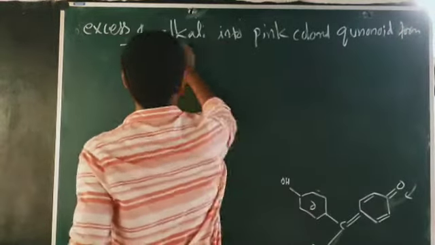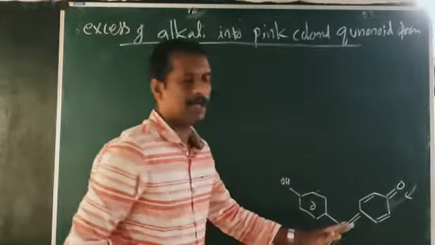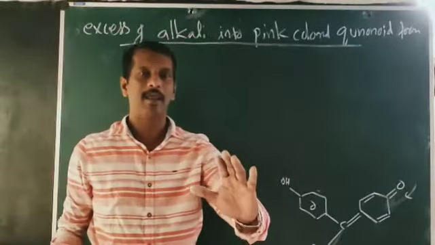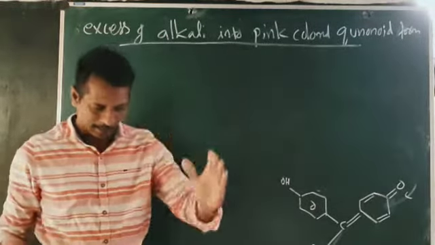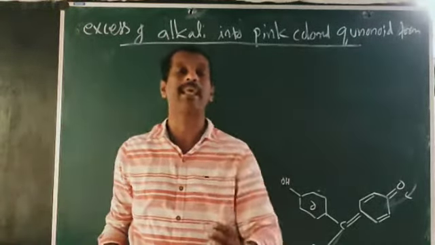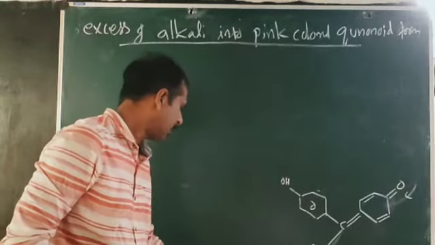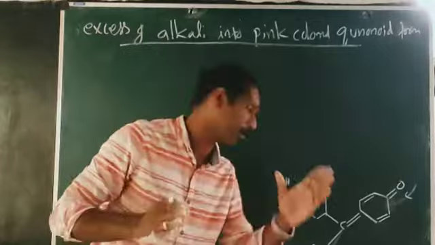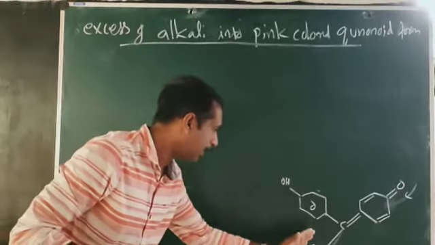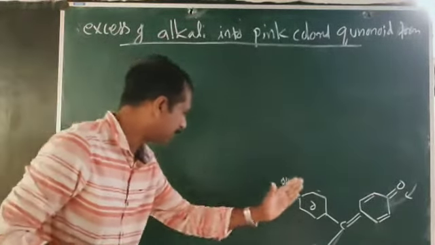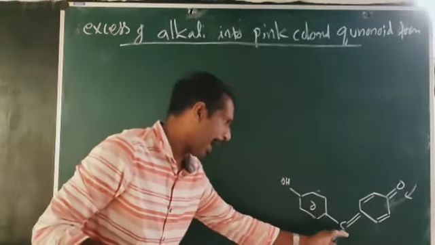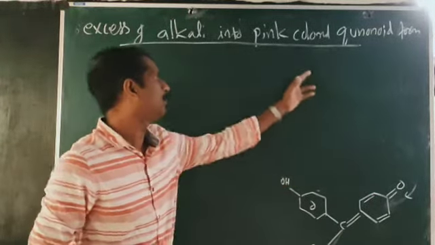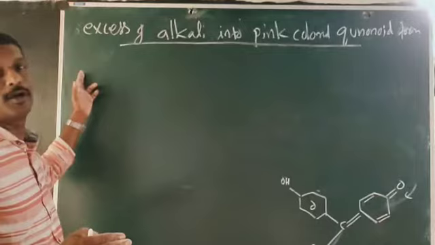Okay, excess of alkali into pink colored quinonoid form. I told you when the solution is in alkaline medium, what is the color of phenolphthalein? Phenolphthalein is existing as pink colored quinoid form. So this pink colored quinoid form, that means in basic medium, when you add acid, what will happen? It will change back to colorless benzenoid form.